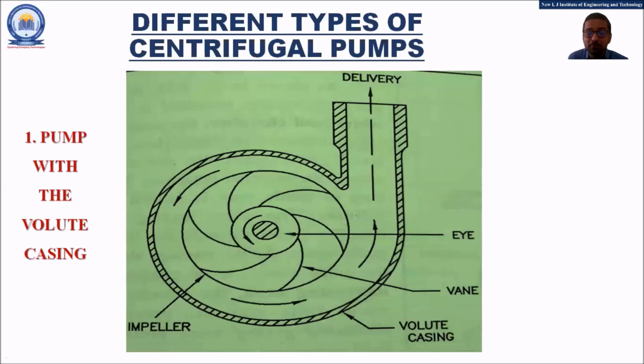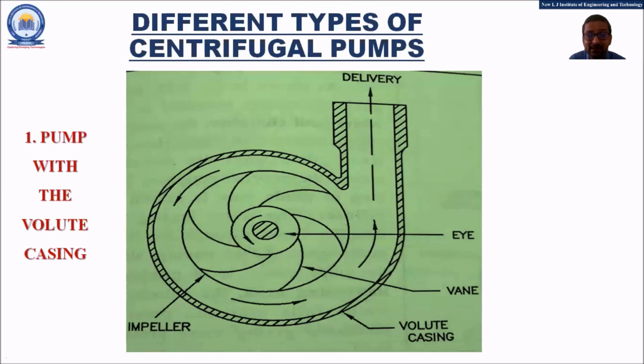The most important point in context of the casing is that at this point, the area is minimum, but as we are proceeding further in the casing, the area gradually increases. So this is the simplest type of the centrifugal pump, but the efficiency of this type of the pump is very minimum.